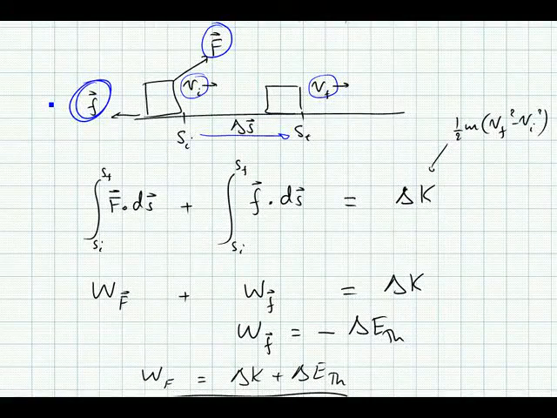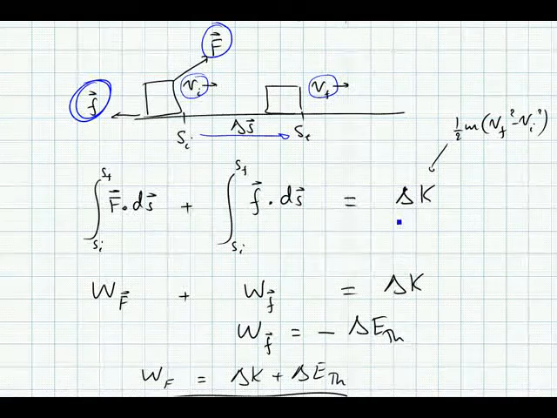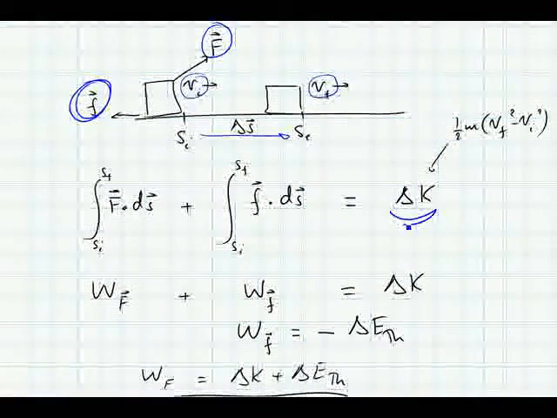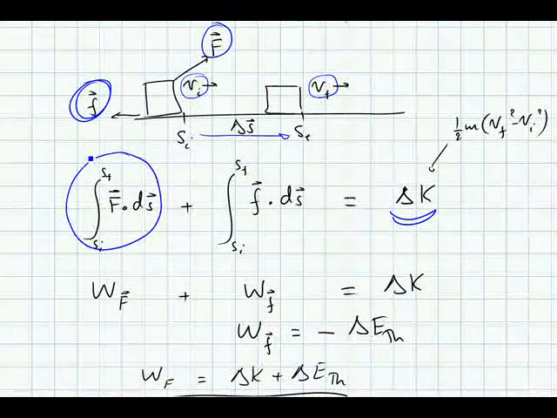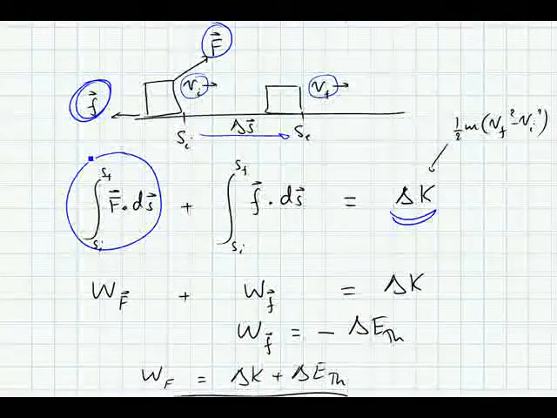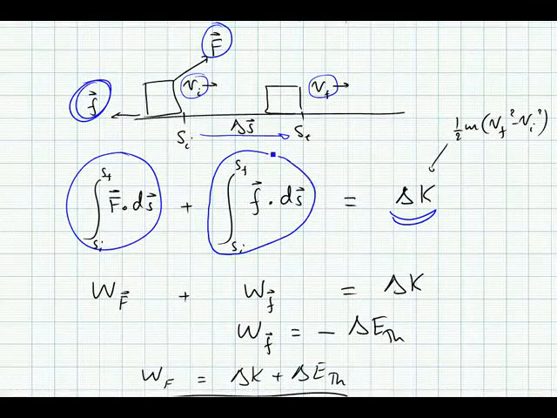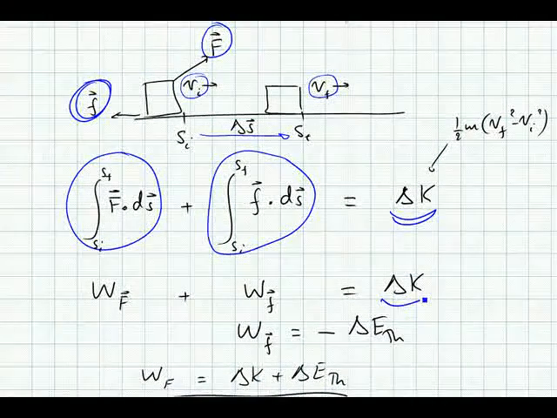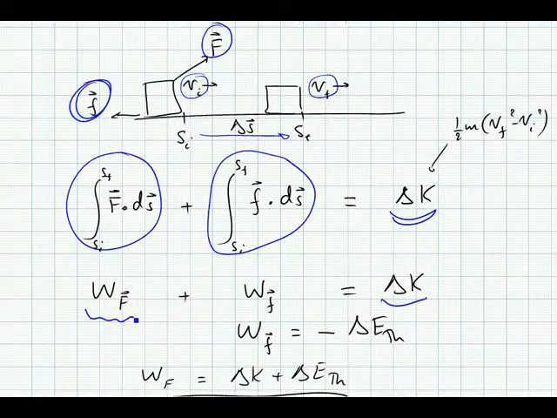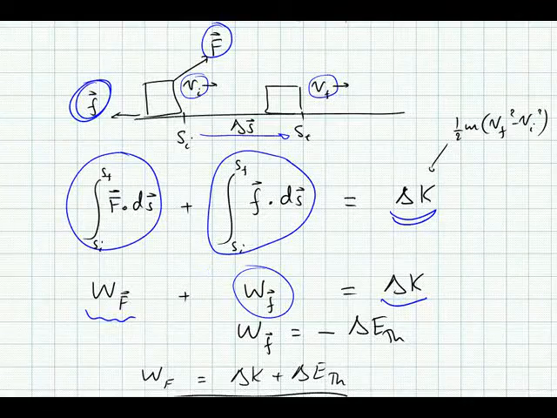So now, in a similar analysis to what we did before, we can show that the change in the kinetic energy of the system is equal to the work done by our external force, which was this integral as we showed before, plus the work done by the friction force.